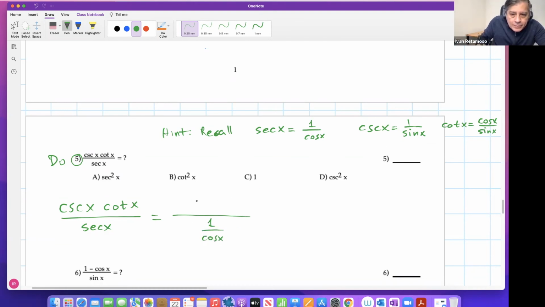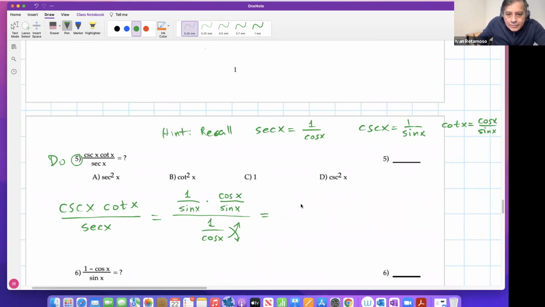Cosecant, I will substitute by its equivalent, 1 over sine of x. Cotangent, I will substitute by its equivalent using the quotient identity, cosine of x over sine of x, right? Very good. When you divide by a fraction, you flip the fraction in the denominator and you multiply.